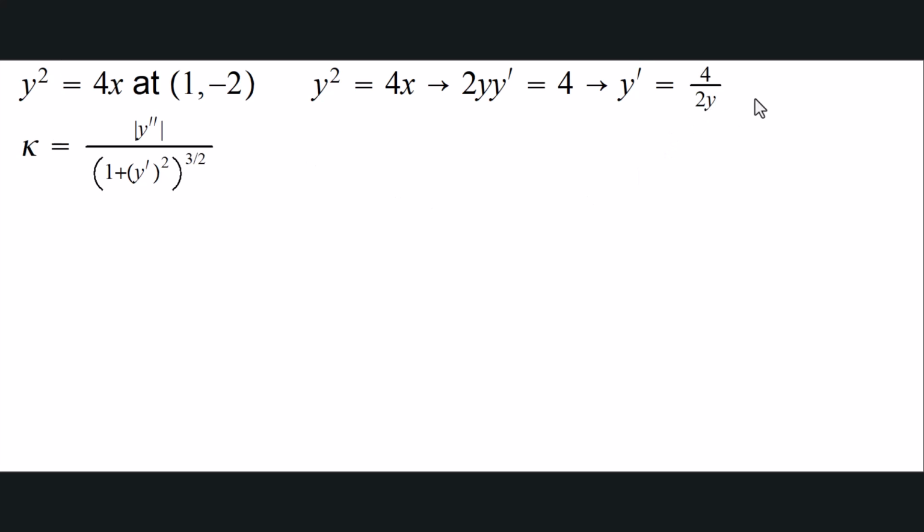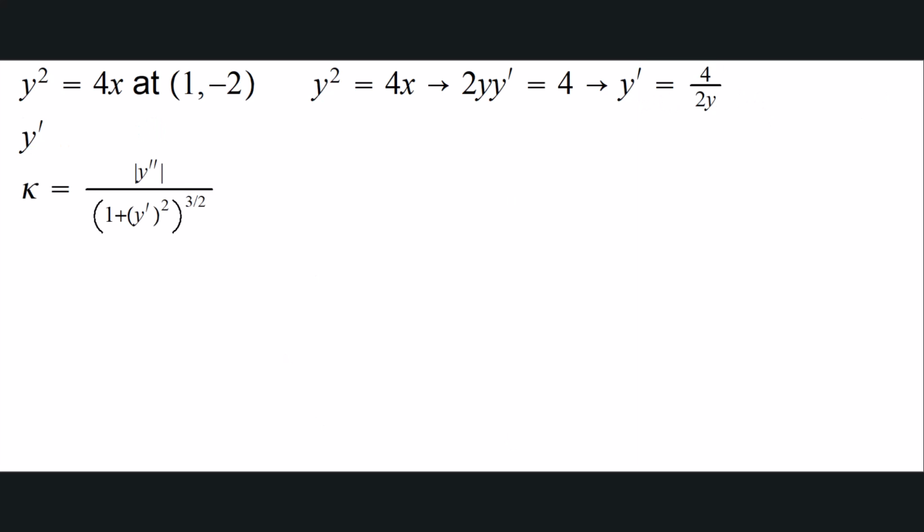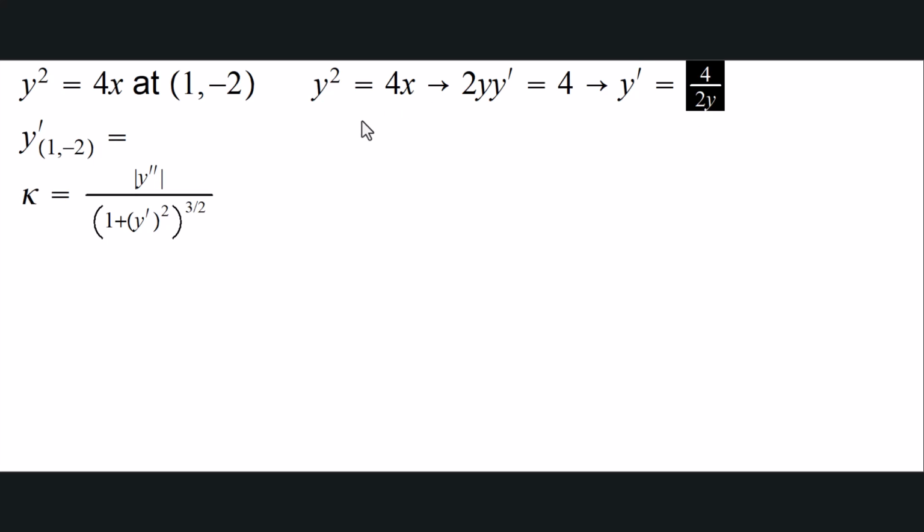And when we calculate it at (1, -2), where y is equal to -2, y prime at this point is going to be 4 over -4, that is -1, right? Okay, so this value is -1 here.